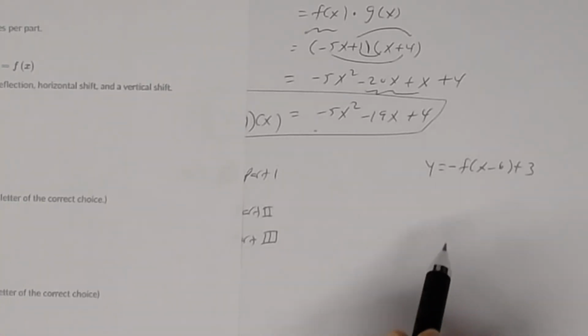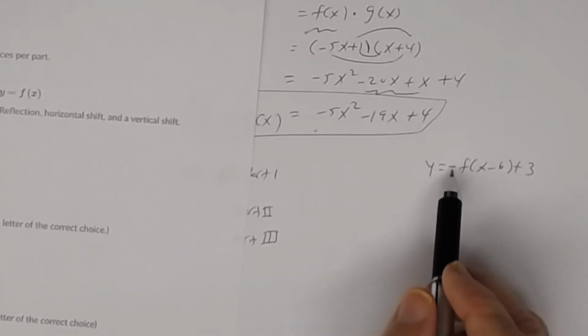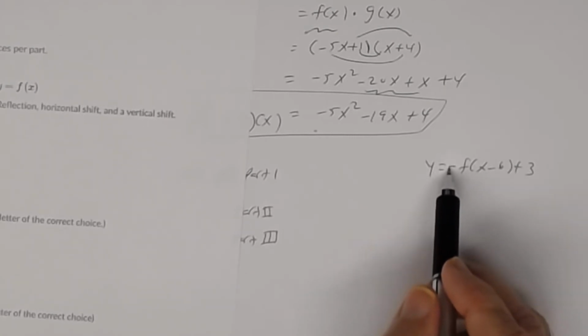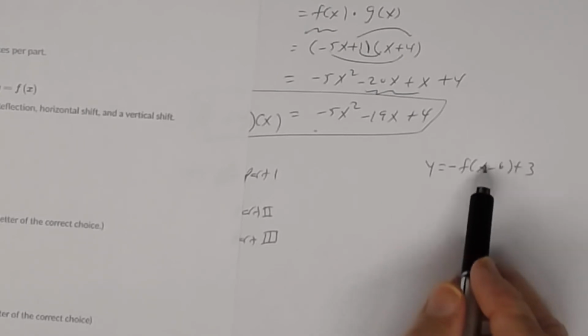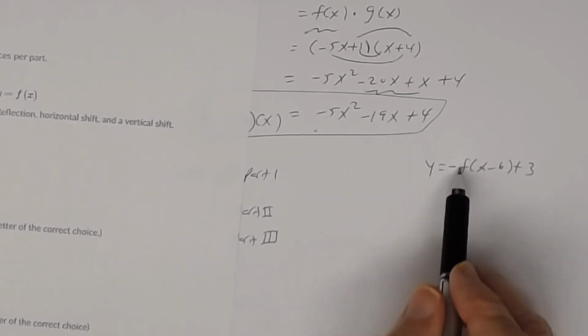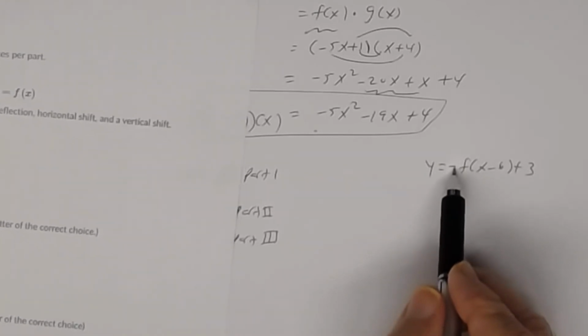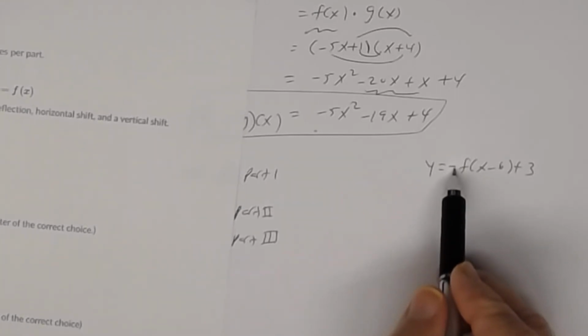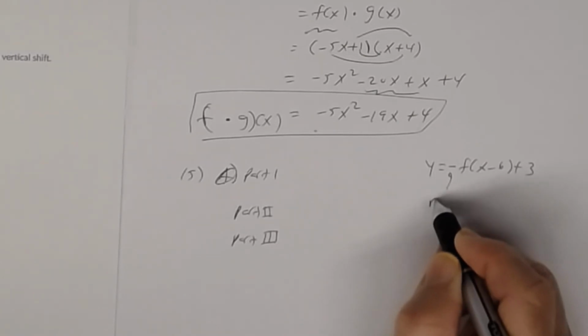Now that was an easy one, because notice there are three transformations occurring. There's a reflection, a horizontal shift, and a vertical shift. If the negative's in front of the function, that's a reflection about the x-axis. So this is a reflection about the x-axis.